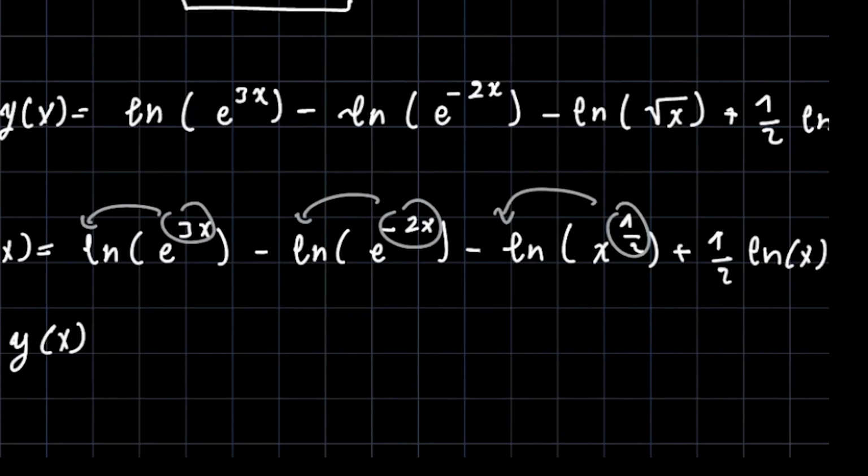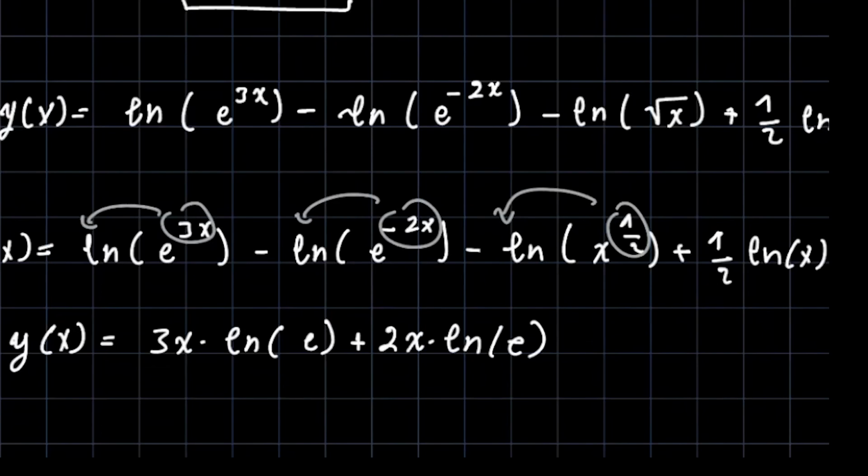Y of x would be the first term, 3x times ln of e, minus the second term now minus negative 2x, and negative with negative, that would just be positive, so plus 2x times ln of e, minus, I do the same thing here, so I have half ln of x plus half ln of x.